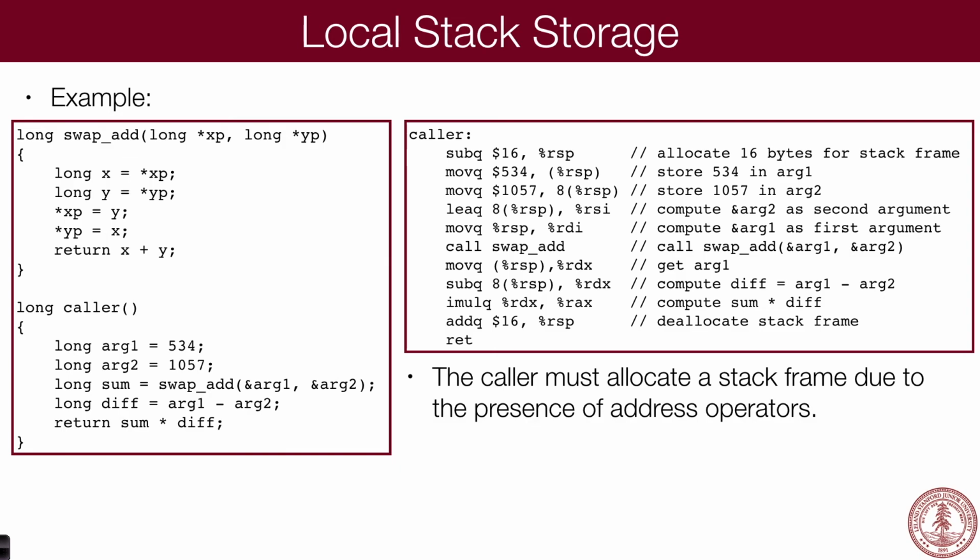So let's actually go through this, the same example that we had the other day, in a little bit more detail. Let's look at the function that we're doing first. We are the caller function here.